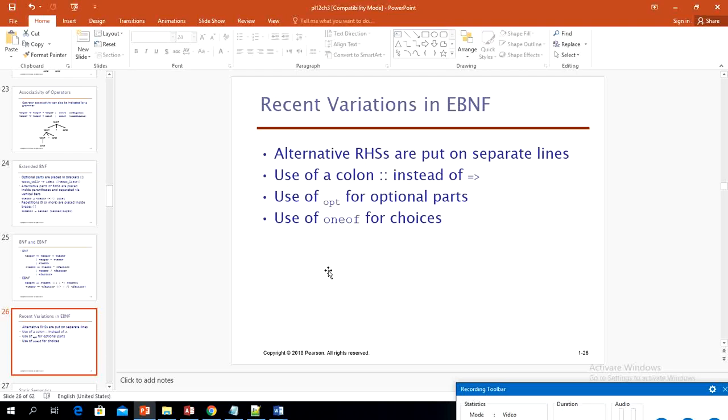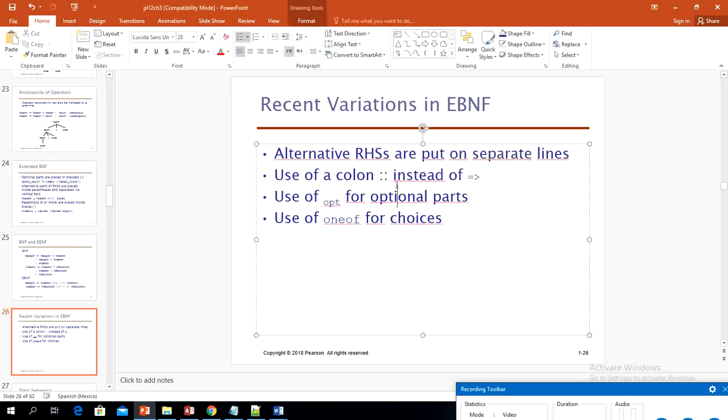Also, some scientists in programming languages introduce a colon or double colon instead of just using this one, because this one is used in BNF.